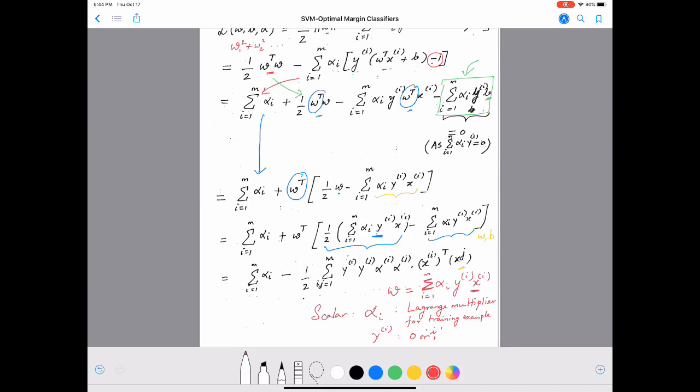Mostly we have multiple features corresponding to each training example. So xi here is a vector. Now, when we do a transpose, the only transpose that we need to apply here is on xi. The other two values are scalar. So now, substituting that for W transpose, we get this entire term here.